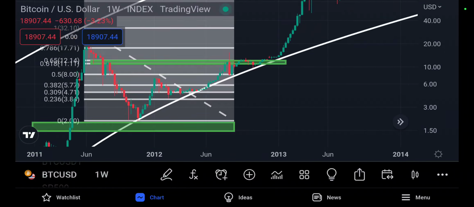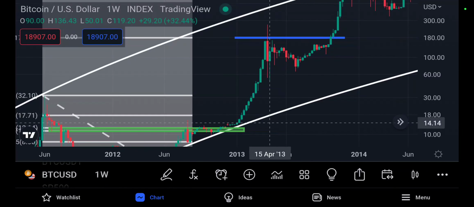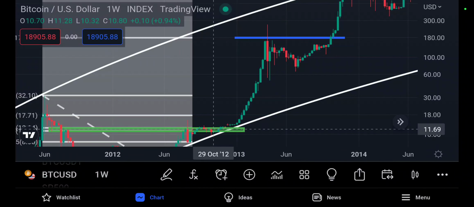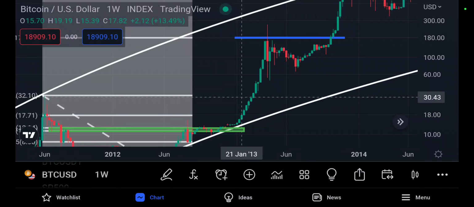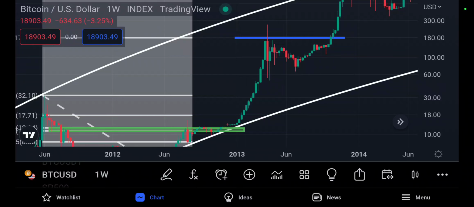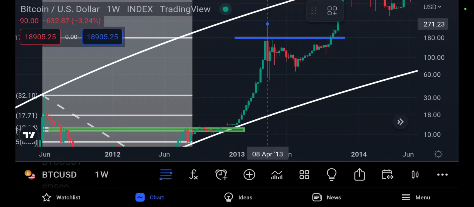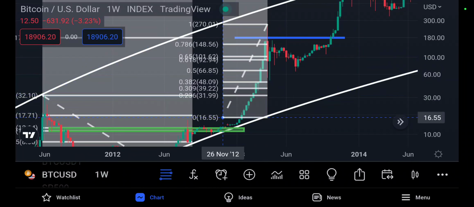So what I would do from here is, since this area over here was the 0.618 and we increased off of that, a major move off of that before we saw a decline, I would take a Fibonacci retracement from this top price right here all the way to the bottom price.